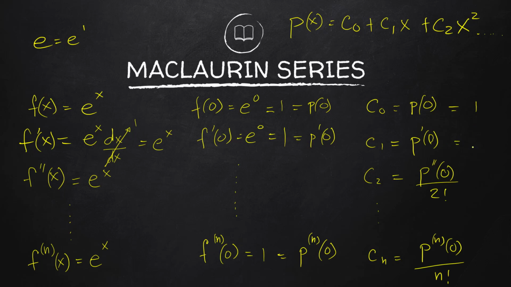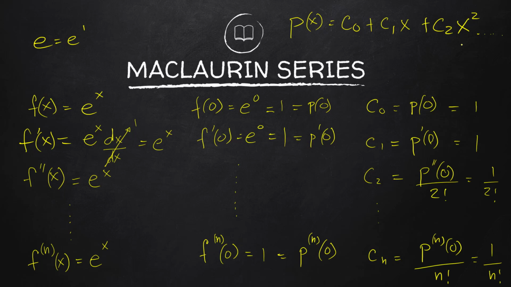The first derivative of p of 0 is also 1. This will become 1 over 2 factorial, and your c sub n will be equal to 1 over n factorial. Okay?